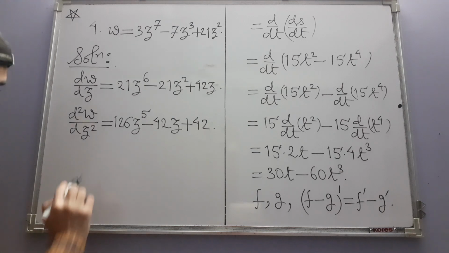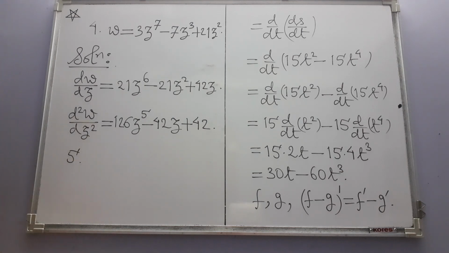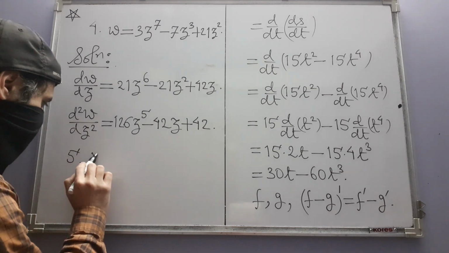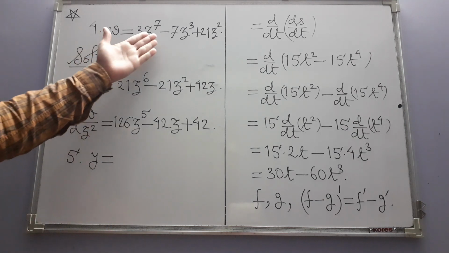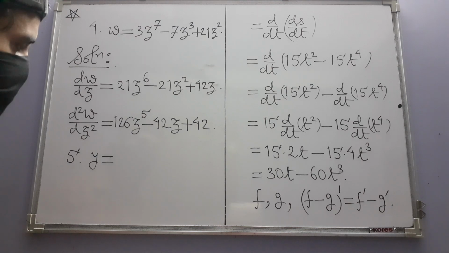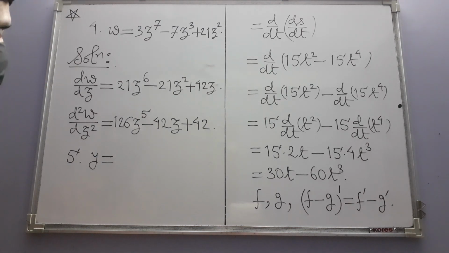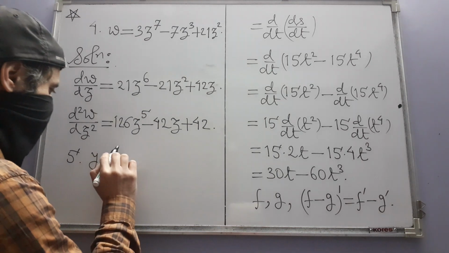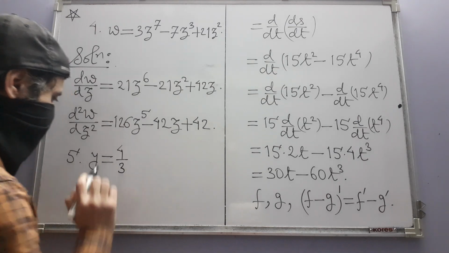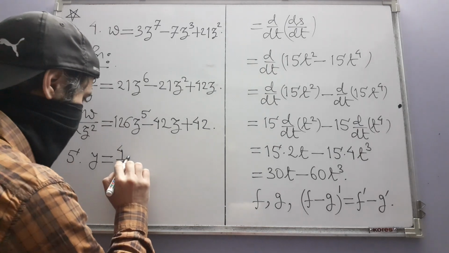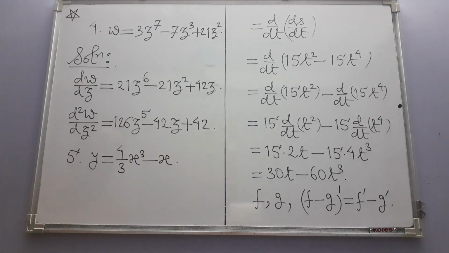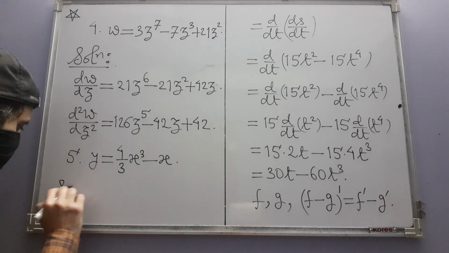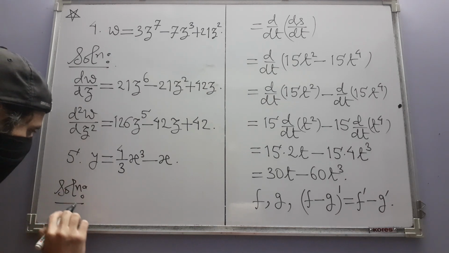Next, the fifth one. Here you have a cubic polynomial. Here the degrees are really large. It's a 7th degree polynomial. So this one is 4 over 3 x cube minus x. For this also, I am not going to supply the steps. Instead, let me write the final answer.